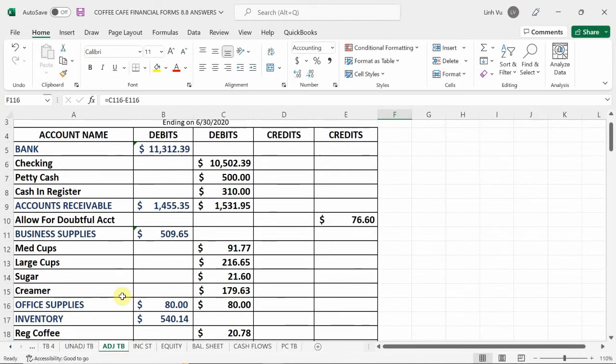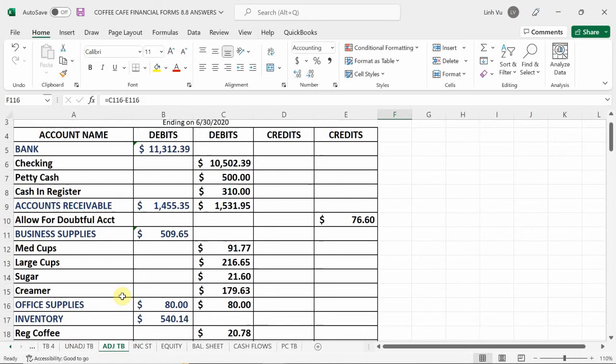Because right now, my customers owe me $1,531.95. This amount that is currently on my balance sheet reflects that, including my bad debt, which in this case I've already added back into my net income, right? Even though I took it off, I already added it back in.